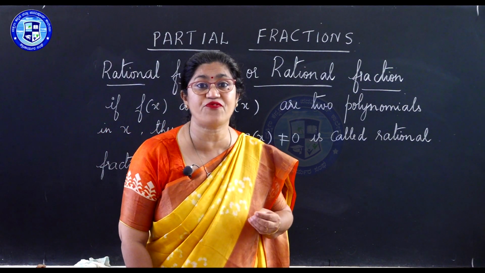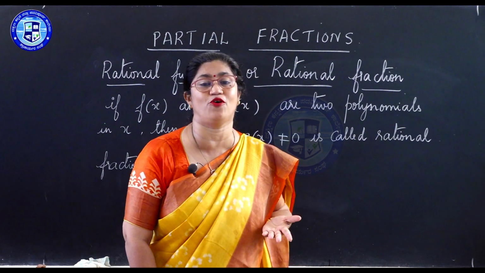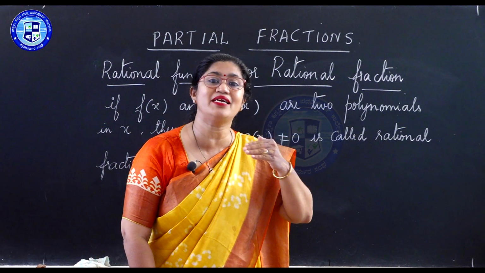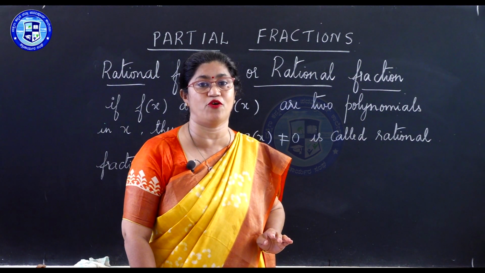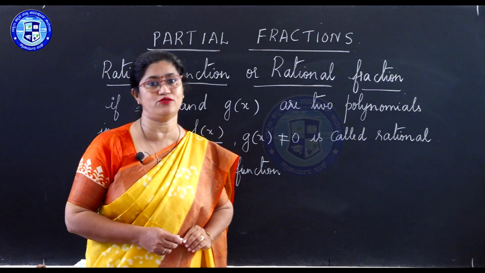So a rational fraction is nothing but a ratio of two polynomials, one polynomial divided by another polynomial with the condition that the denominator is not equal to 0.